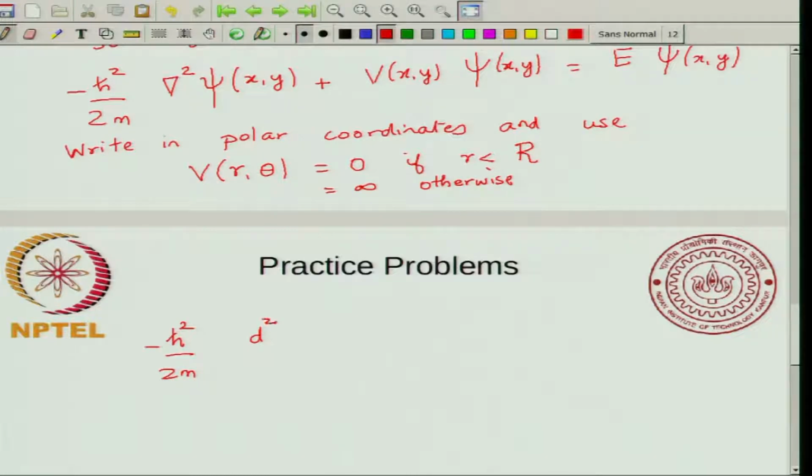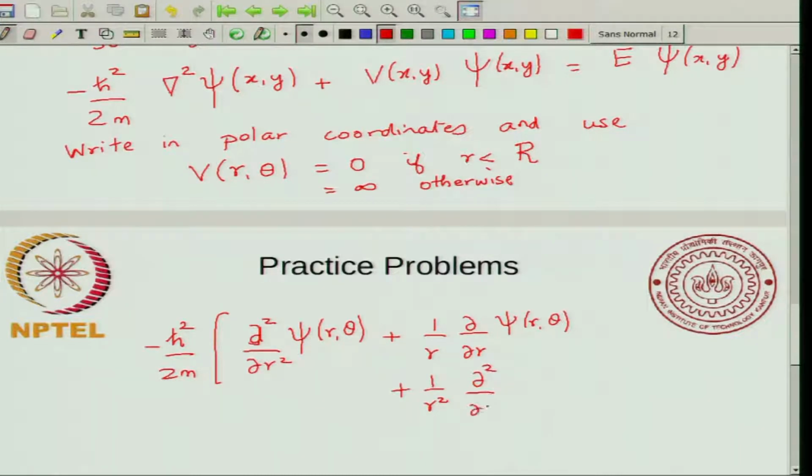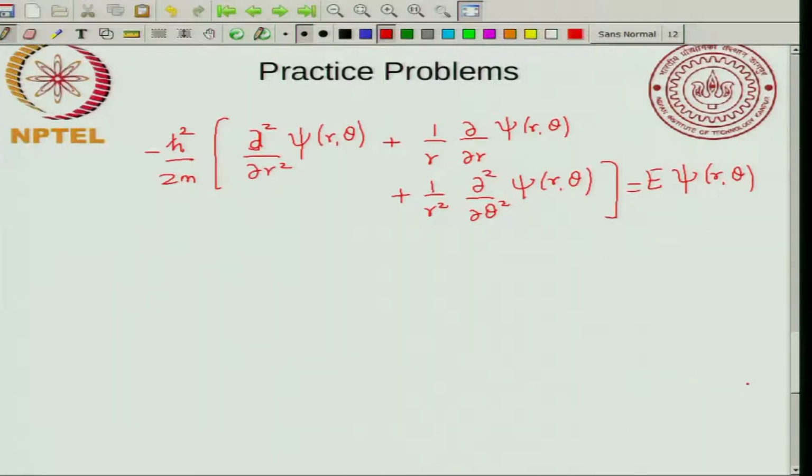So, you have dou square by dou r square of psi, where psi is a function of r theta, plus 1 by r dou by dou r of psi of r theta, plus 1 by r square dou square by dou theta square psi of r theta, is equal to E times psi of r theta. So, this is the Schrodinger equation that you have.